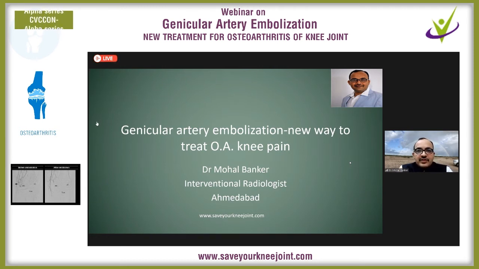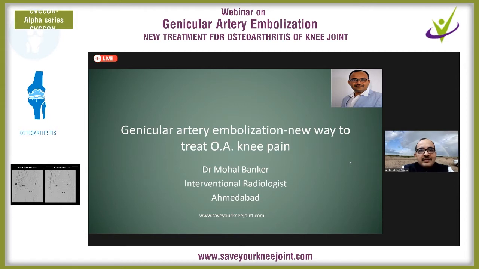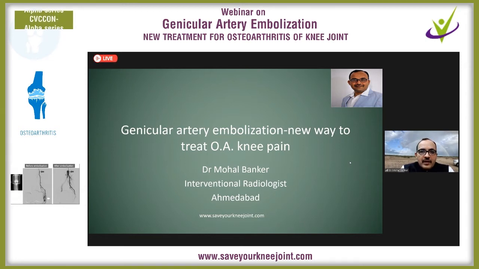So what is neoangiogenesis? Neoangiogenesis is hypervascularity developed due to this chronic inflammation, which leads to the formation of new microvessels, and these newly formed microvessels continuously release cytokines within the joint, and because of these cytokines, continuous destruction of the joint goes on.